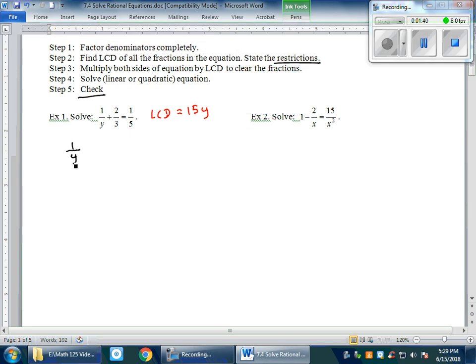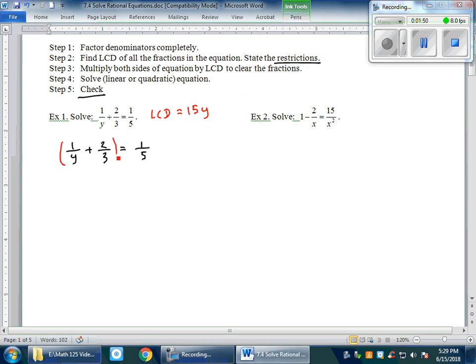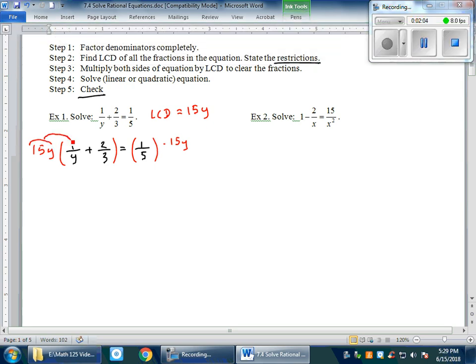So 1 over y plus 2 over 3 equals 1 over 5. I will multiply both sides by the least common denominator, which is 15y, and it has to be distributed to both of the terms.